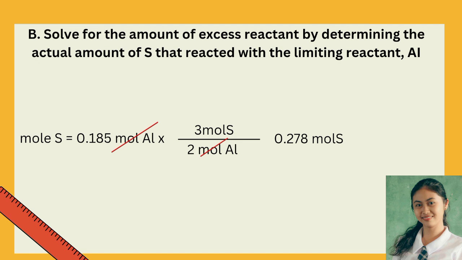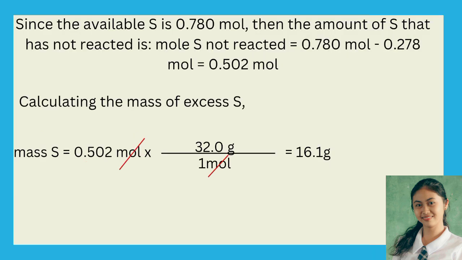Using the mole ratio from the balanced equation, 2 aluminum plus 3 sulfur to Al2S3, which is 3 moles of sulfur per 2 moles of aluminum, with 0.185 moles of aluminum, the moles of sulfur that reacted are 0.185 moles of aluminum times 3 moles of sulfur over 2 moles of aluminum equals 0.278 moles of sulfur.